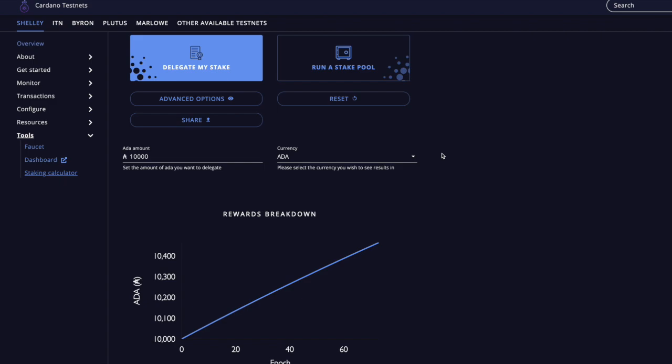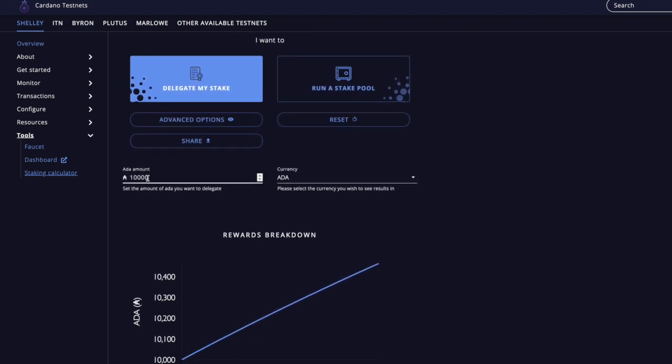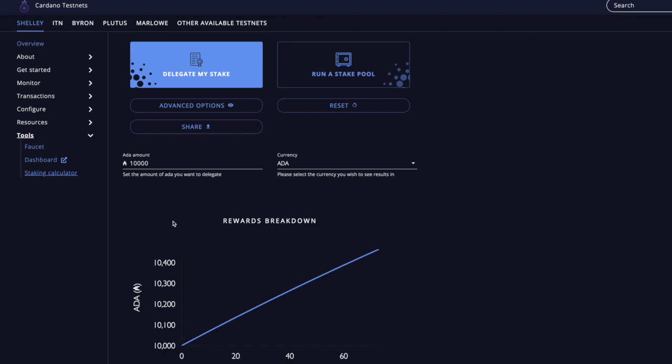But with this calculator being just released today, I think we're going to have a much better understanding of what we could potentially anticipate. So let's say for the sake of this video, they've got the predetermined delegation amount if you were to delegate your ADA as 10,000. So pretty conservative. I think that's realistic. It's going to make things very easy in terms of working with a nice even number.